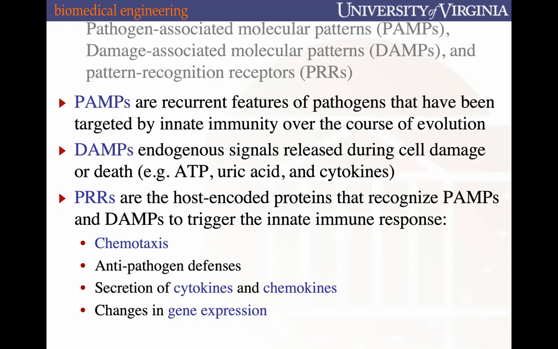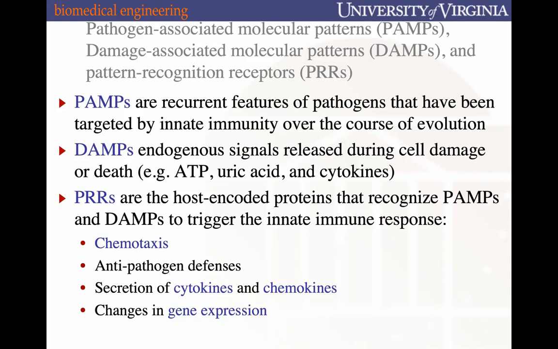That chemoattractant is a PAMP, and the neutrophil is trying to chase down that bacterium and eventually phagocytose it and destroy it. So the pattern recognition receptors binding to PAMPs or DAMPs will undergo chemotaxis. Chemotaxis is traveling in response to some sort of molecule, some sort of chemoattractant.